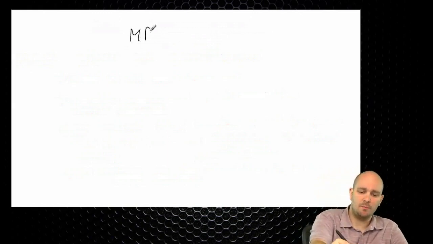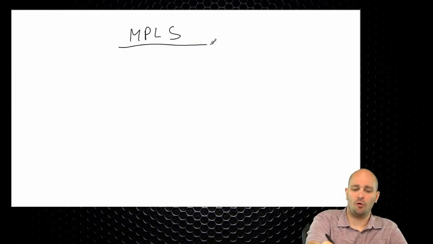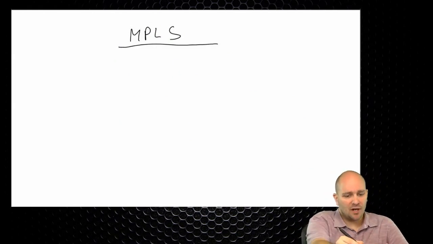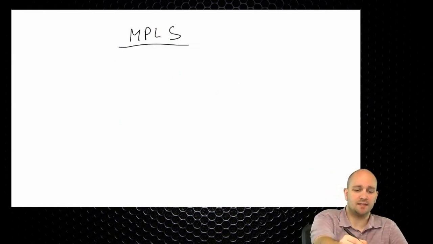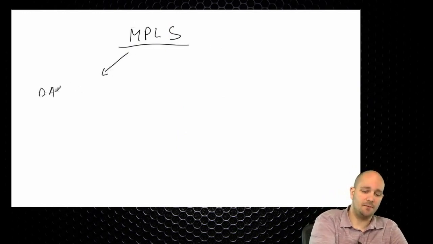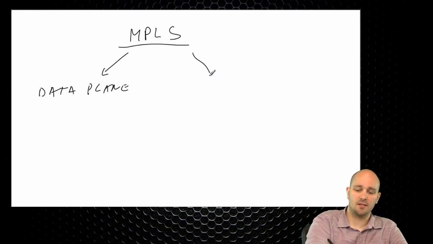To understand and fundamentally get MPLS, we have to understand that MPLS actually consists of two related but relatively independent operations. And this is the MPLS data plane and MPLS control plane.